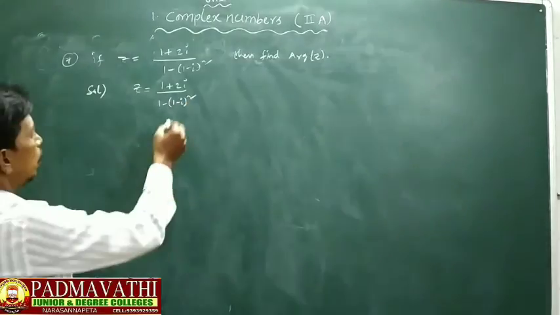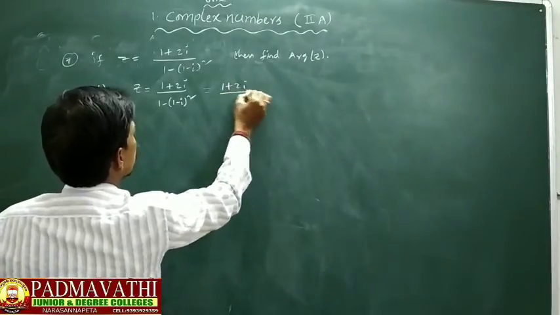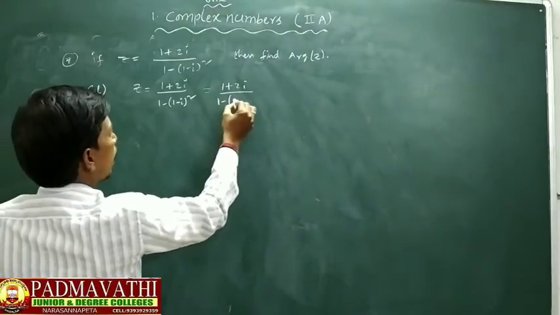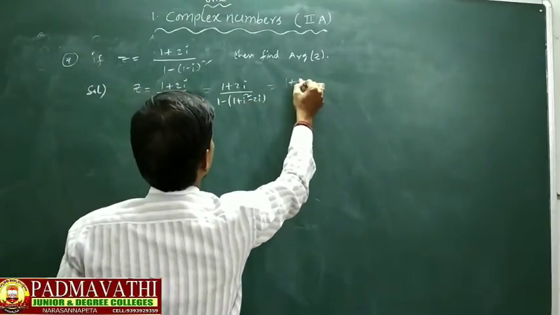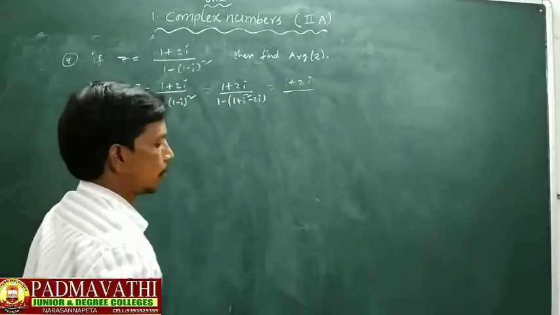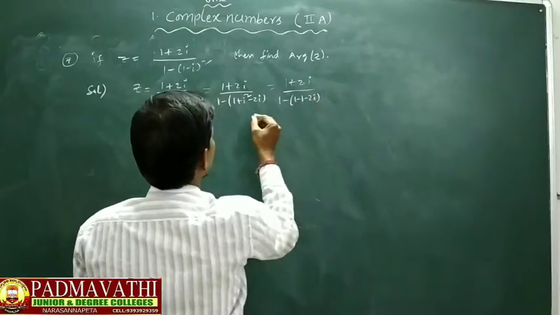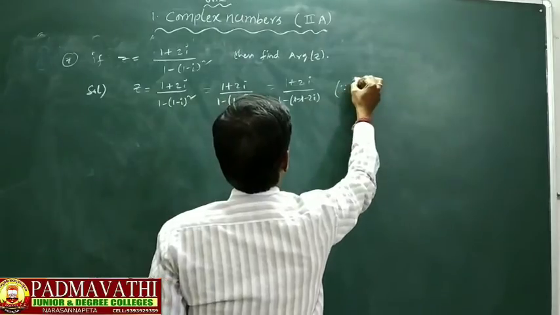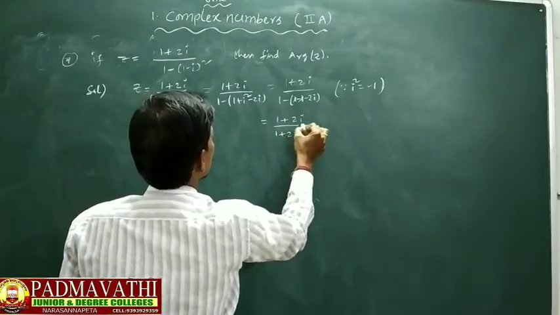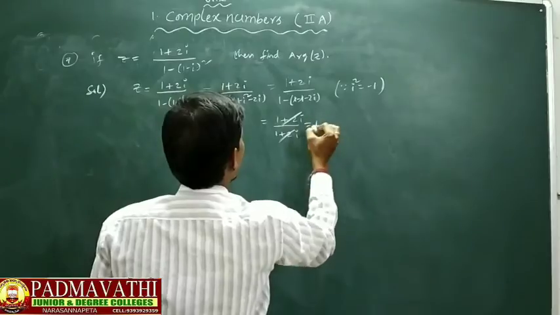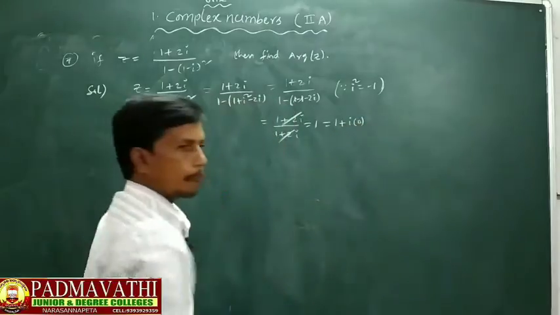Now we simplify the complex number in the form a + ib. (1 + 2i)/(1 − 1 ... The denominator: (1 − i)² = 1 + i² − 2i, so that equals (1 + 2i)/(1 − 1 − 2i)... since i² = −1, the terms cancel and it equals (1 + 2i)/(1 + 2i), which equals 1. So that is 1 + i·0, in the form a + ib.